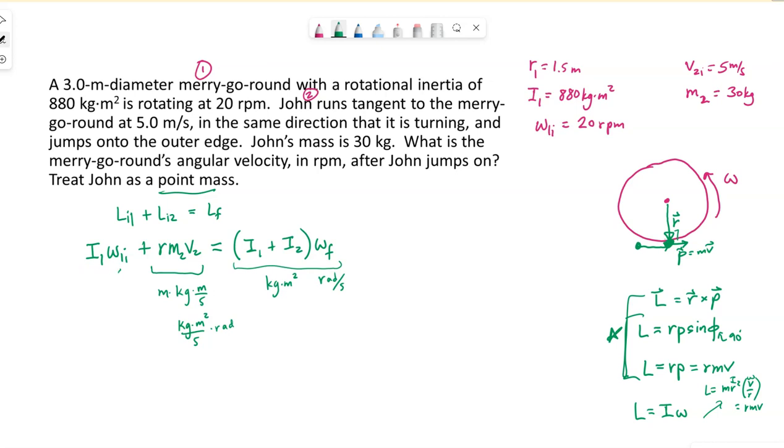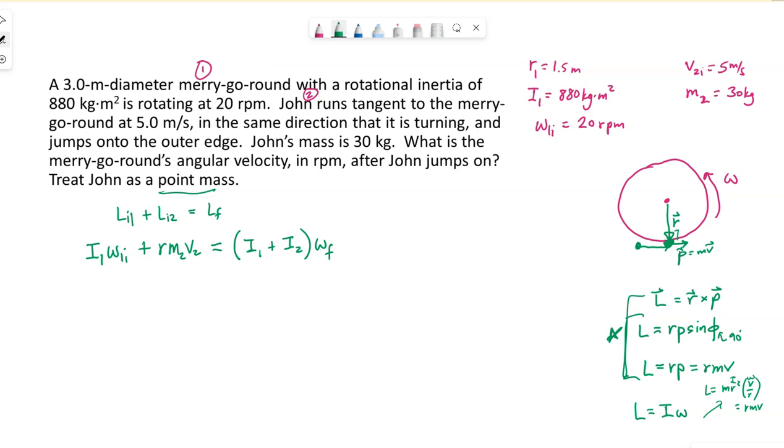So we do need to convert. Technically, we could leave John in terms of I omega and convert his omega to revolutions per minute if we wanted. That would be fine.